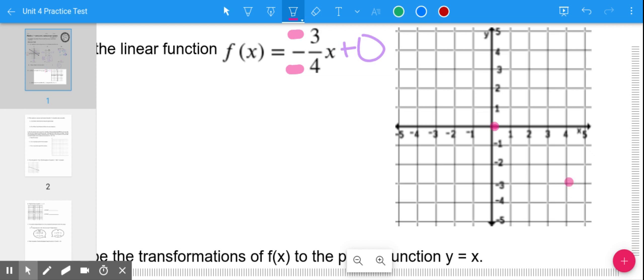You can also go up 3 and to the left 4. So you can go in either direction. Then I'm going to draw my line. That would be my line. Sorry, I'm going to put arrows on the end of it. So that would be my function.